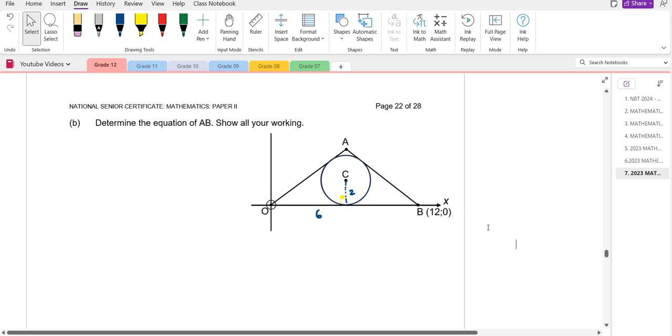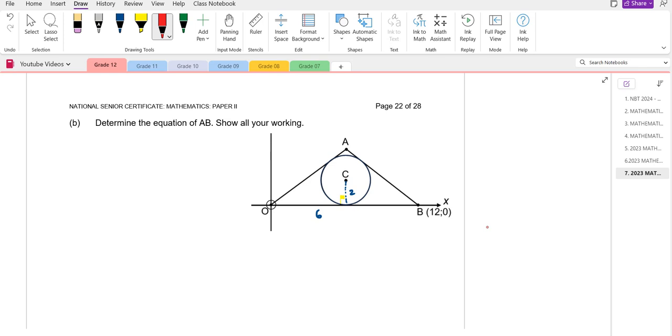What we do have is this line BC. Let's draw this line, so join, construct line BC. Let's find the gradient of BC.